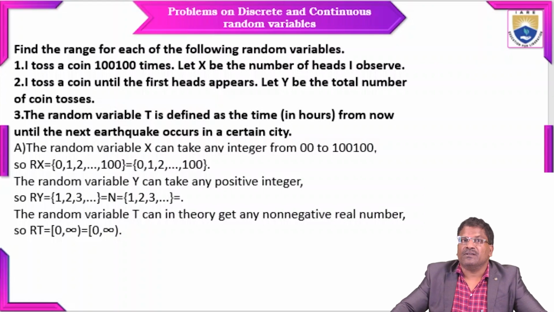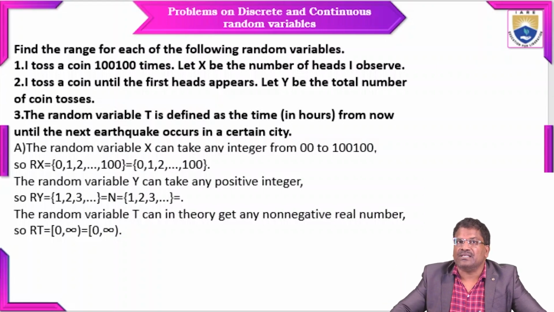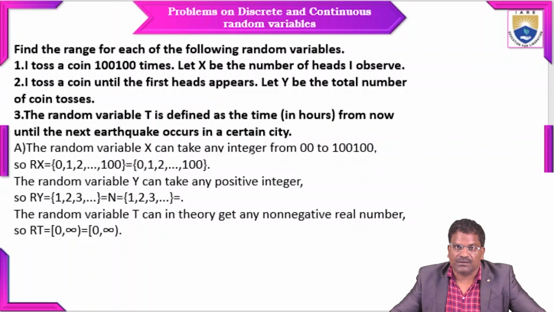A discrete random variable always takes a fixed, definite value, whereas a continuous random variable always lies in some range or interval.